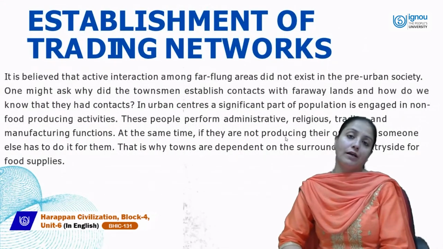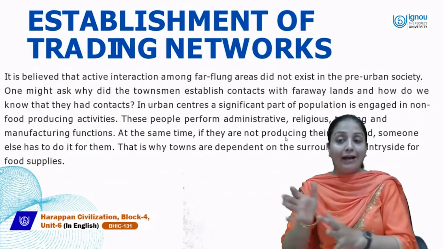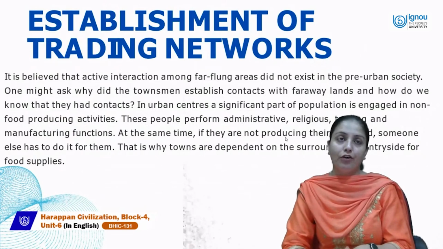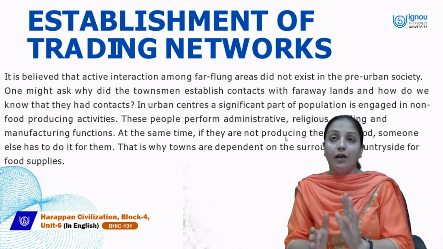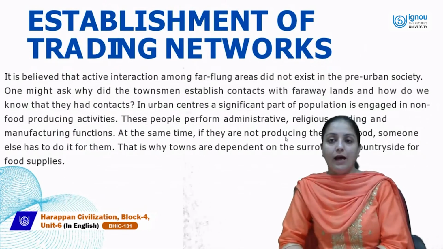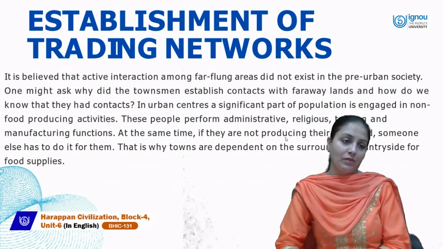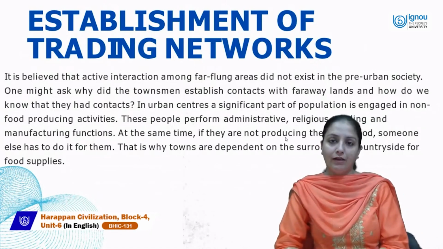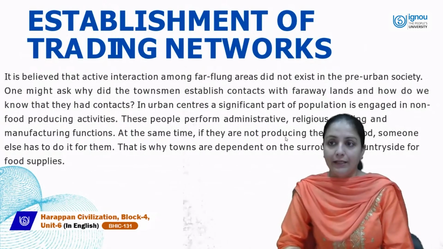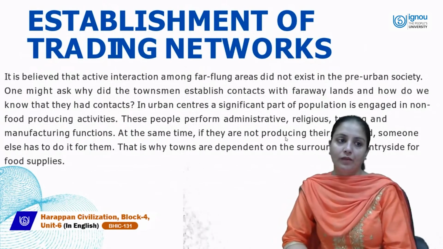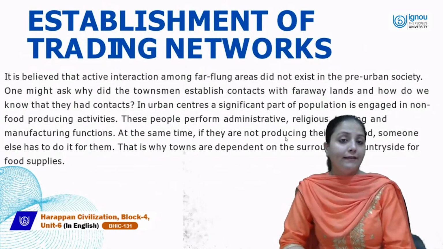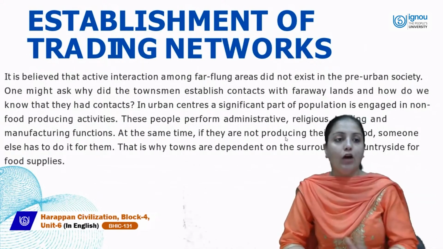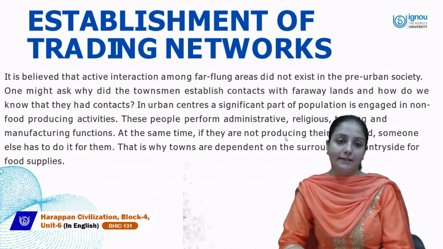Next is the establishment of a trading network: how they traded with one another, with Oman, with Mesopotamia. It is believed that active interaction among far-flung areas did not exist in pre-urban society. One might ask, why did the townsmen establish contact with faraway lands? And how do we know that they had contacts?